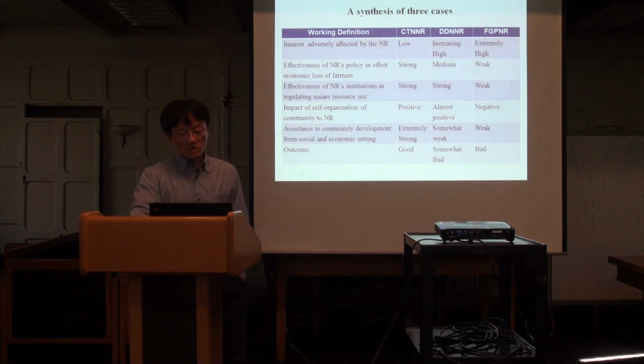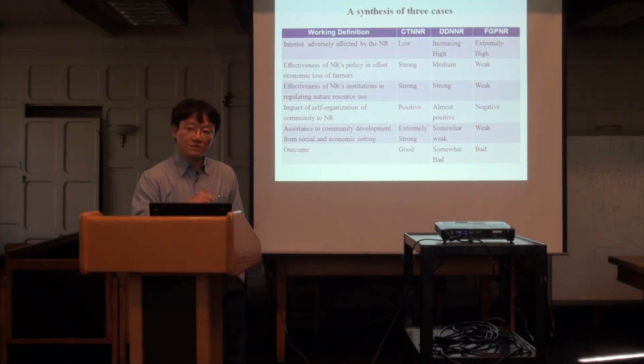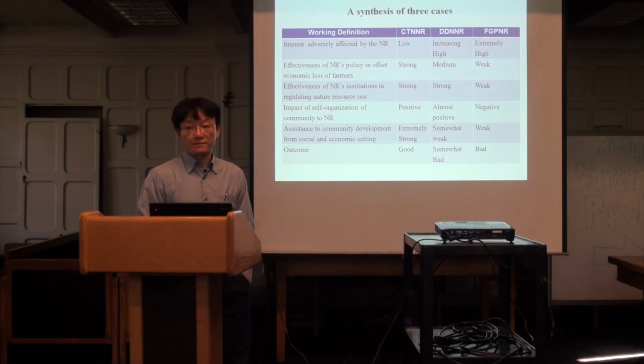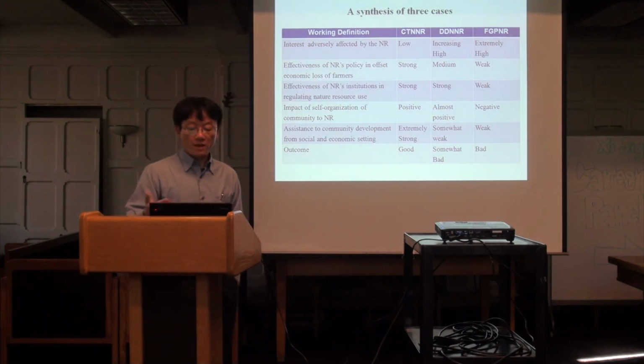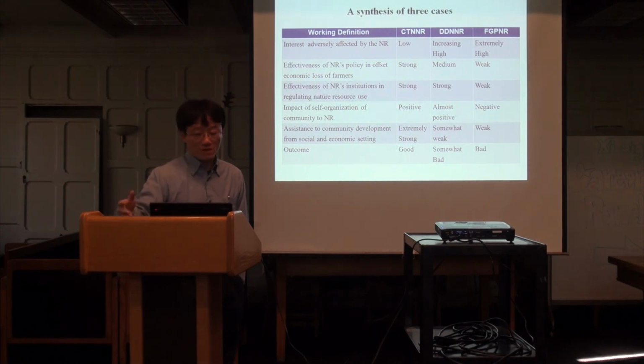The third is the effectiveness of the nature reserve institution in regulating nature reserve use. For the first one, it is very strong, especially since the local environmental protection policy is very strict. That's also beneficial to the nature reserve. Nature reserves are one part of the environmental protection activities.